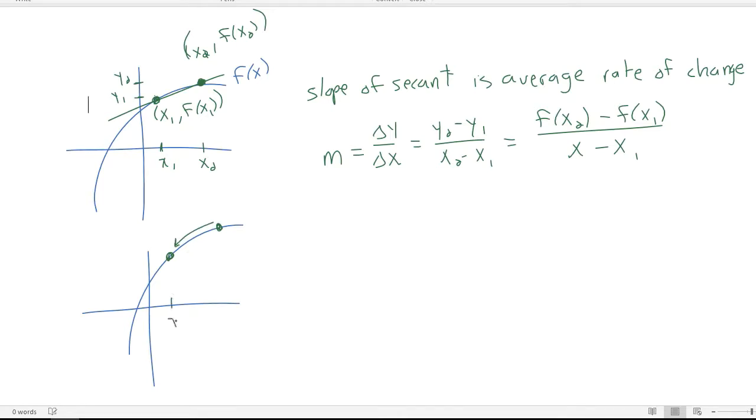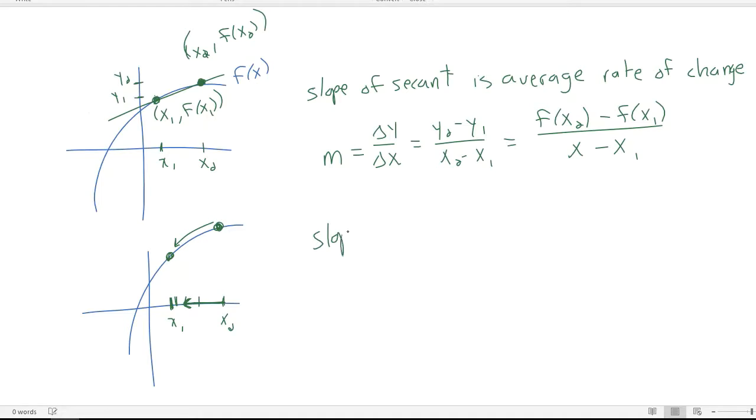In essence, we were looking at x2 getting closer to x1. So if we had an average from, let's say, 3 to 5 seconds, then we looked at the average from 3 to 4 seconds, then 3 to 3.5, 3 to 3.1, 3 to 3.01, right? So we did that process numerically with some values in tables. Here we're discussing it conceptually again: we're letting x2 approach x1, and in essence, this point is getting closer to that point. And that was what we called the limit process.